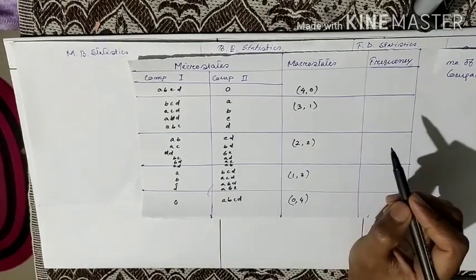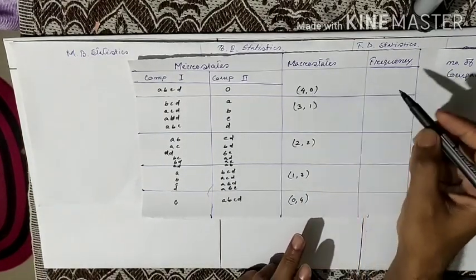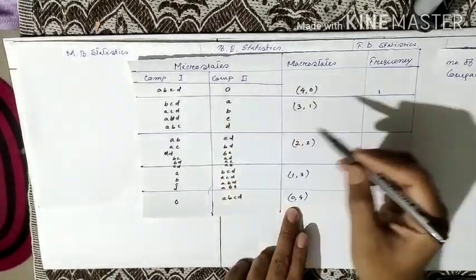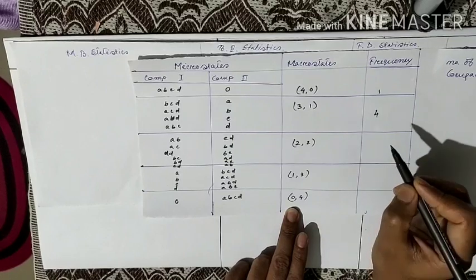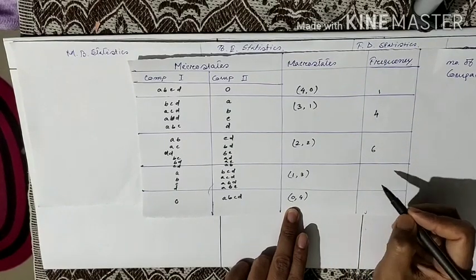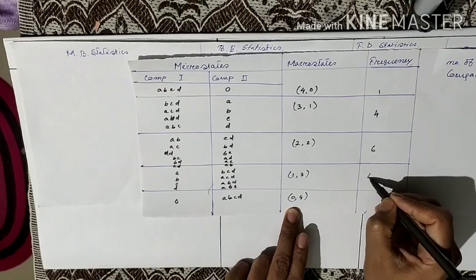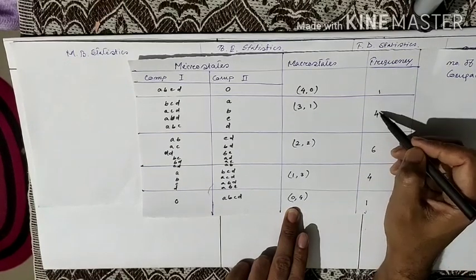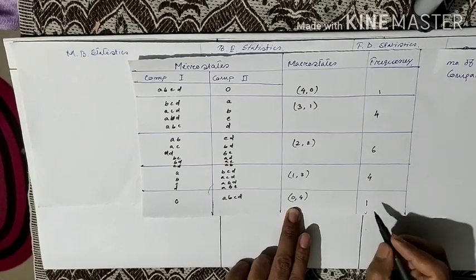Now look at the frequency of this. Here this is only 1. Then you have 4 arrangements. Then you have 6 arrangements here. And then you have 4 arrangements. Then you have 1. So total is how much? 4, 5, 11, 15, 16.